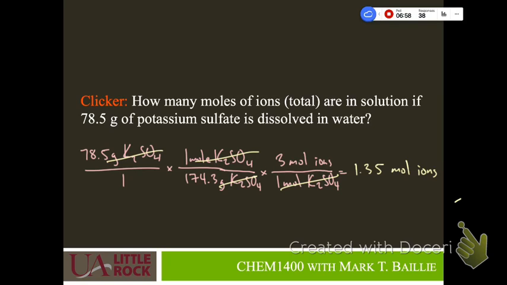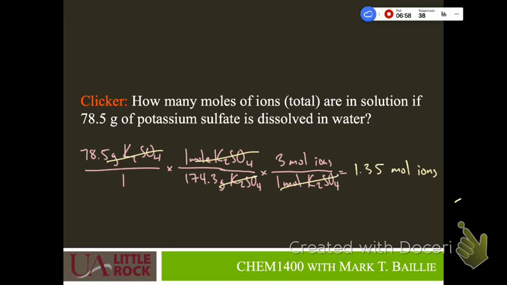Is there another way we could answer this question? So what we said is, if we know the number of moles of potassium sulfate, what's the ratio of how many total ions in every mole? We could have said, in this ratio here, what if I had wanted to know how many potassium ions there are instead?